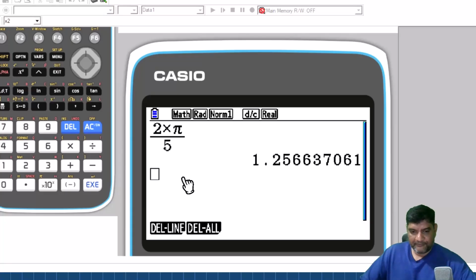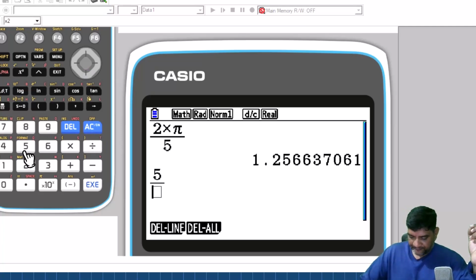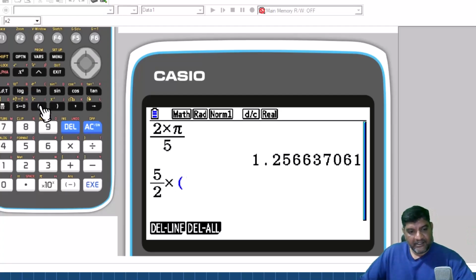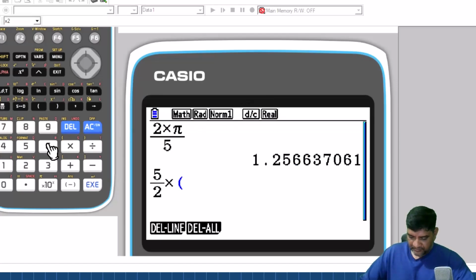So I'm going to have 5 by 2, let's go with a fraction, 5 by 2 r squared. So I'm going to multiply, open parenthesis, the radius here was 9.52, close parenthesis, square it up, and then open parenthesis again.